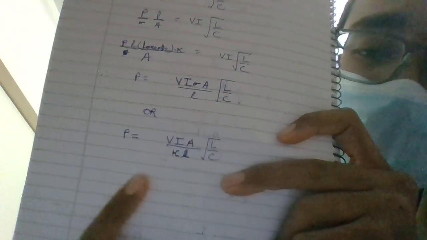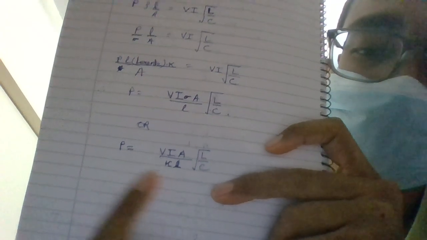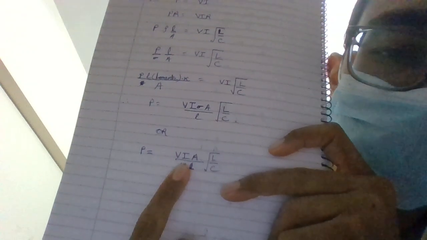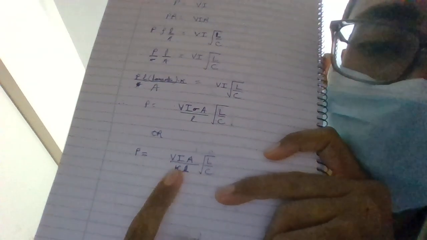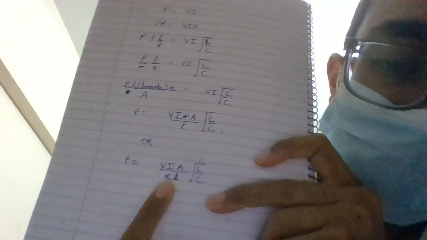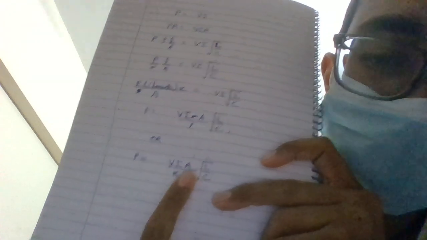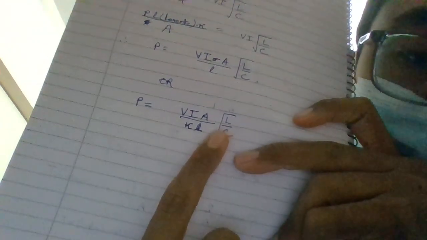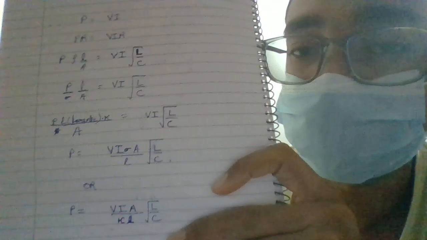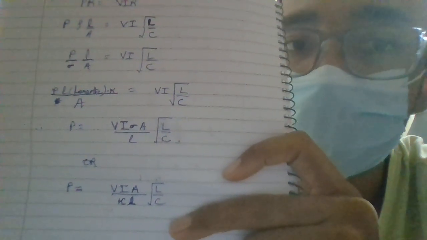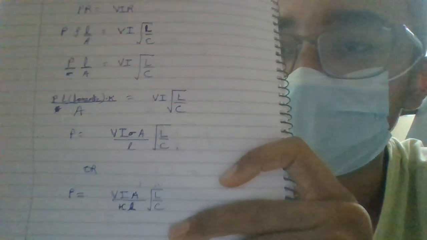Or if you want to take the thermal conductivity route, you'll get P equal to V times I times A, whole divided by l times kappa, and this being multiplied by under root L divided by C. So yeah, it's not really that interesting, but hey, it's some form of way that we can mess around with the various formulas in physics.